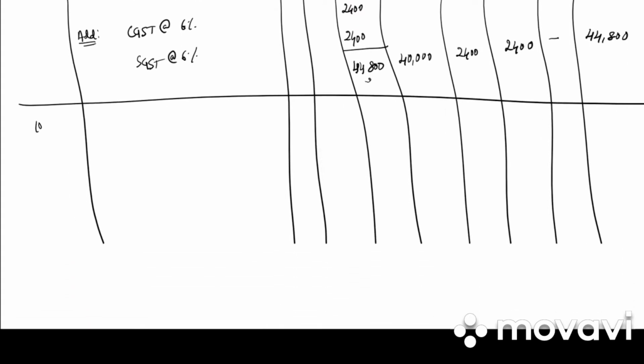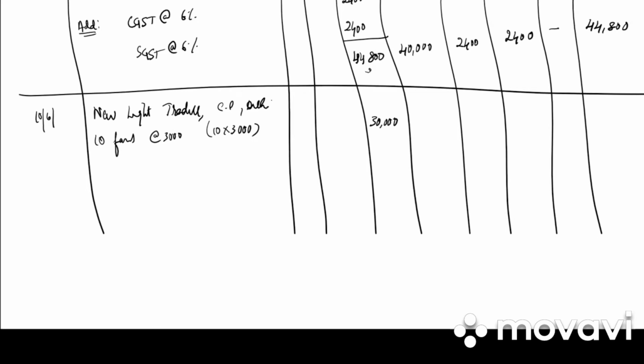Next we have June 10th. New Light Traders, Connaught Place, or you can write CP, New Delhi. We have 10 fans at 3,000. So 10 into 3,000 is how much? Under details column 30,000.